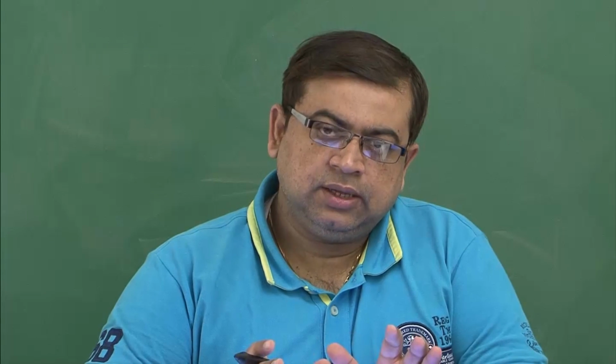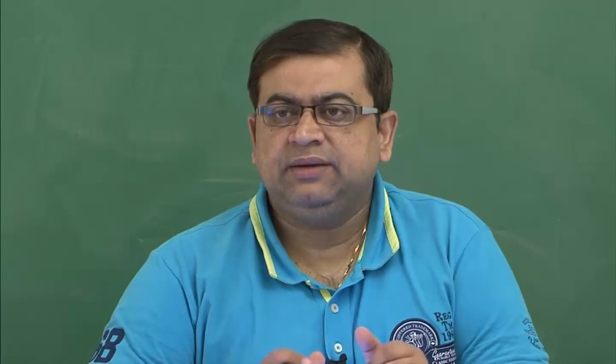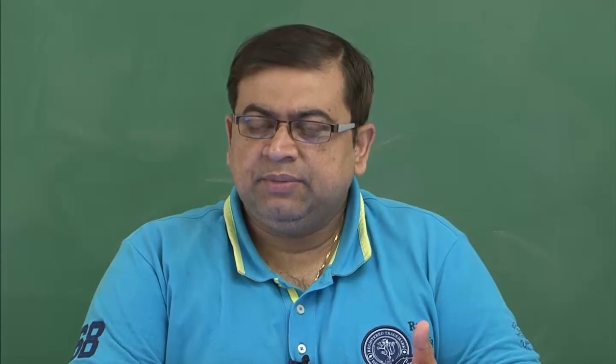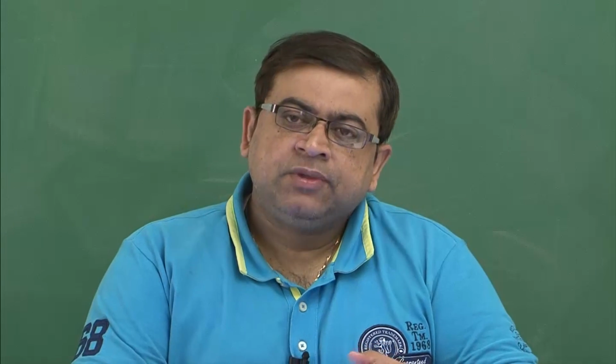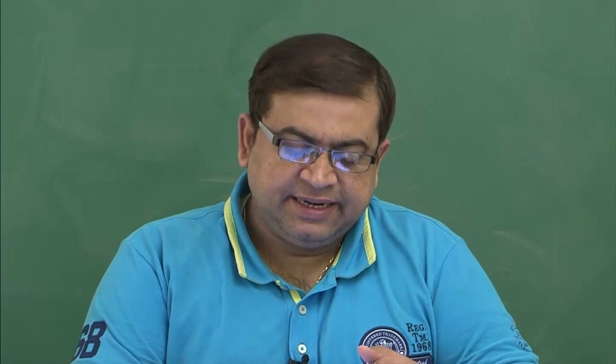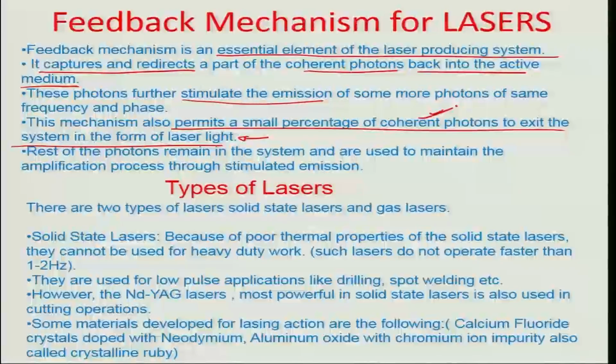So stepwise, in summary, what is going to happen within the medium is that first of all, the medium absorbs from a strong source and the population gets inverted to excited states. Then there is a spontaneous emission, which would lead to cascading events and a stimulated emission being produced, and all these photons would together come out as coherent photons.